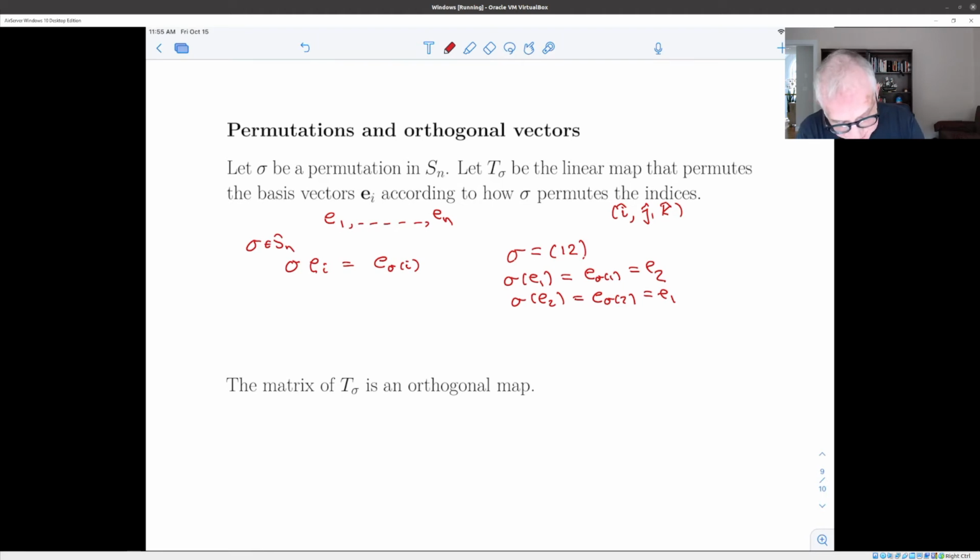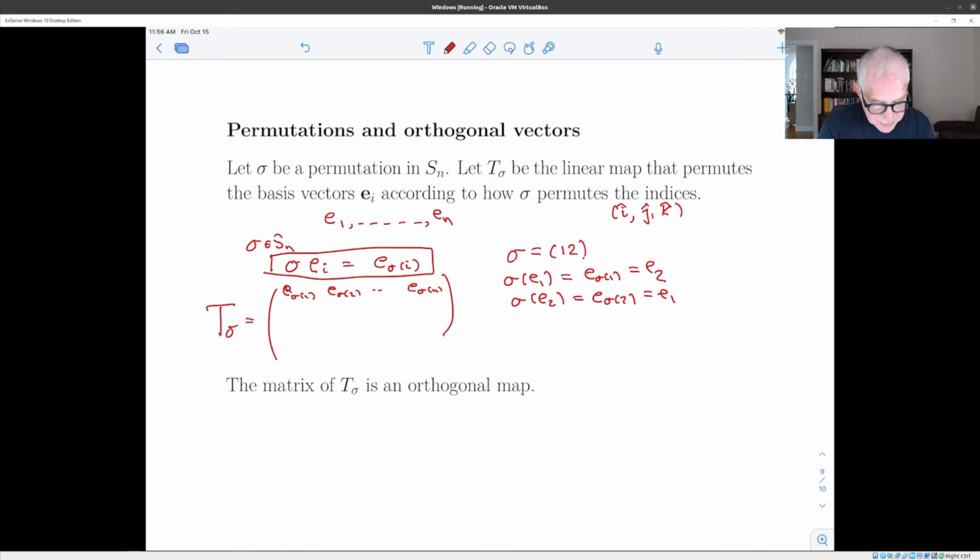And in fact, what is the linear map? Well, the way you figure it out is you work out this formula. And this gives you the columns of the sigma matrix, which I'm calling T sigma. So instead of having columns e1 up to en, it has columns e sigma of 1, e sigma of 2, e sigma of n.